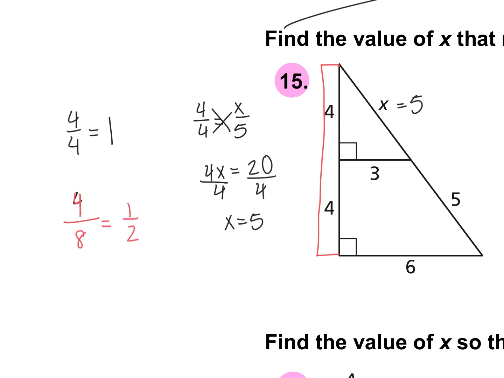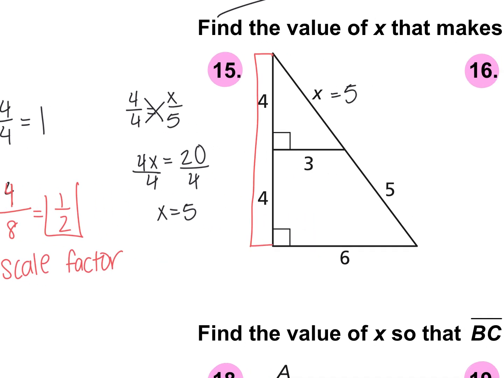So it would give me 1/2. You need to understand the difference. Scale factor, if they're giving you a triangle within a triangle, you have to add the sides. You're using one tiny triangle to the entire large triangle, so you have to add them. So this measure is my scale factor. And I'll show you that again as we get to another question.